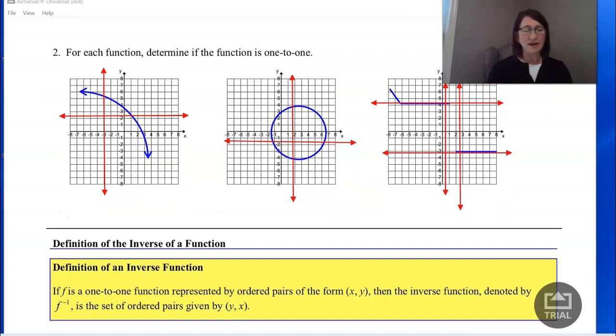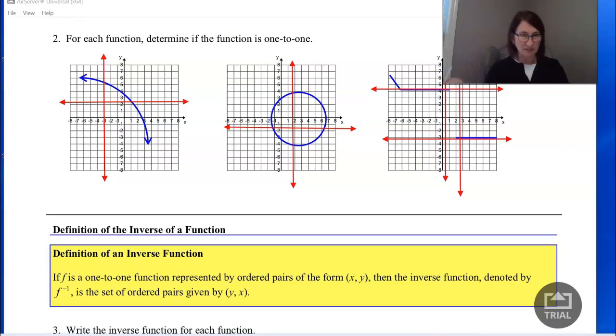Let's look to see if these are functions or not, and if they are functions, are they one-to-one? So I look first at the vertical line. I see this vertical line just intersects in one place. So that's good. Now I look at my horizontal line, and that only intersects in one place.